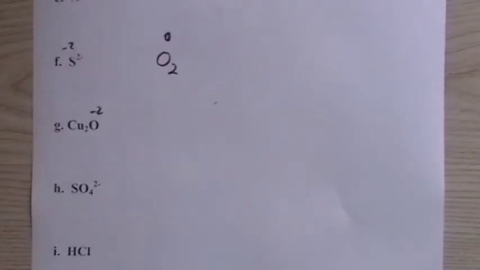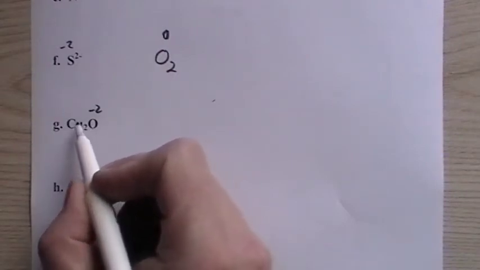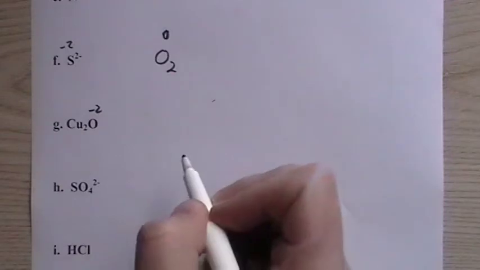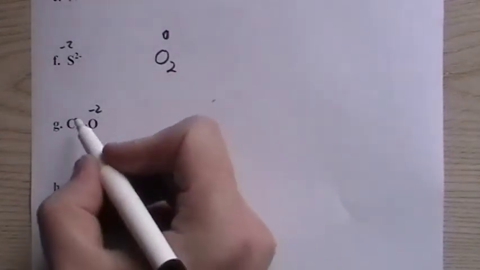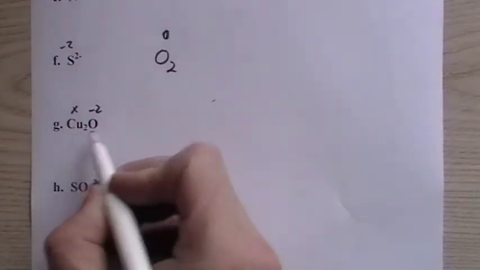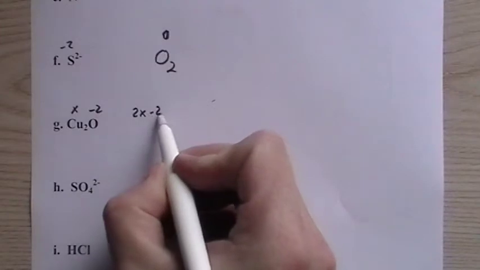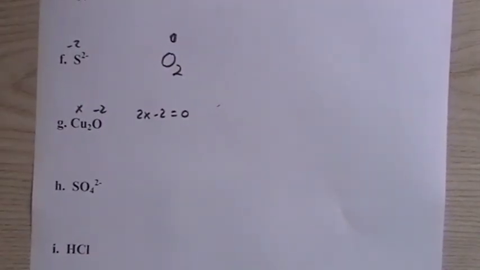Now, this is actually rule 6: when we're trying to determine the oxidation numbers, all of the oxidation numbers together have to add up to the charge on the species. This is neutral, so we don't know what copper is. We can make that X, and there's 2 of them, so 2 times X minus 2 must be equal to 0. A lot of this you can do in your head.